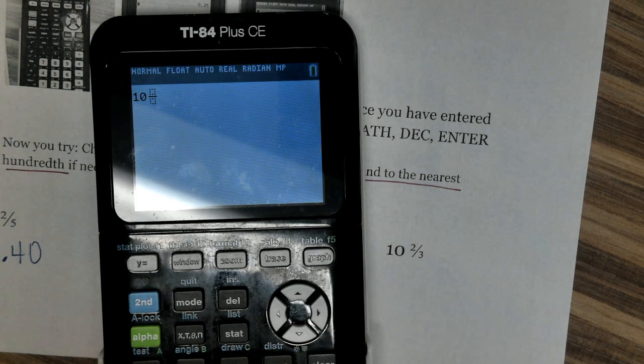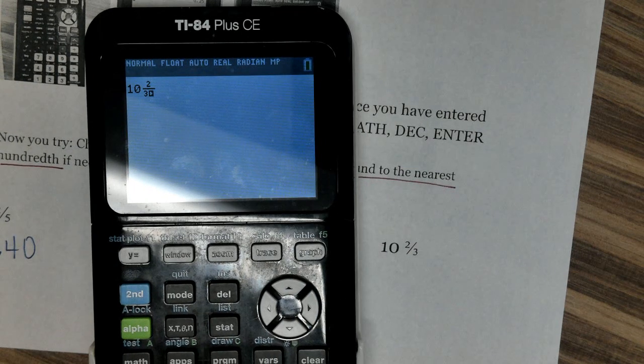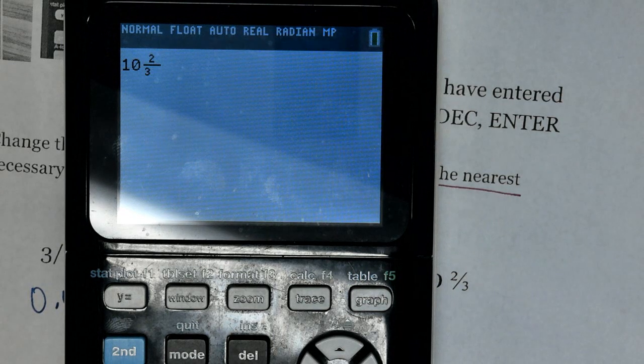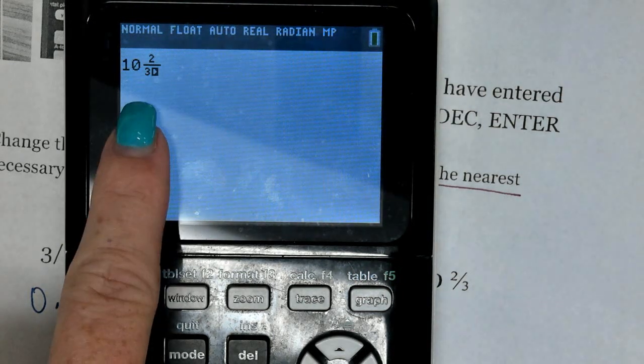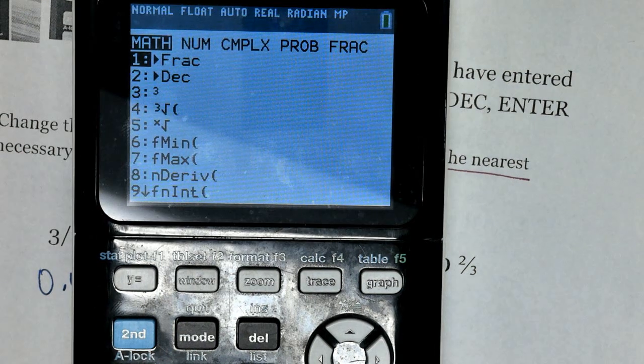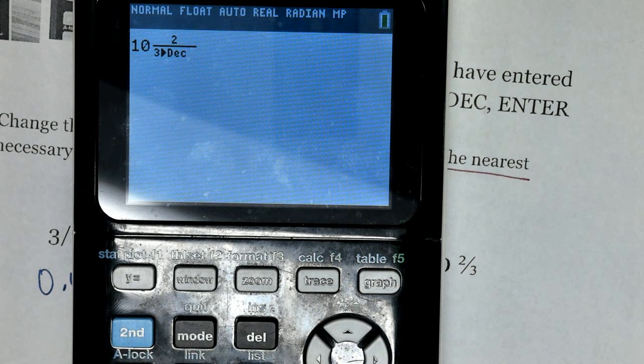10 and 2/3. What do I have to do before I do anything? I got to arrow out first. Watch what happens, guys. Pretend I mess up. Everybody look. I am under the fraction still, yes? If I hit math, decimal, look where it put it.